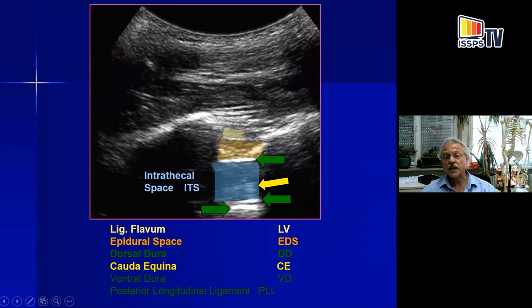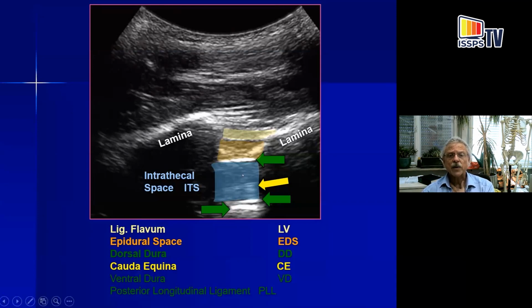And last but not least, our key landmark ligament, which is the ligamentum flavum, as mentioned. And we started osseous. Of course, you see the acoustic shadowing created by two laminae, one above the other. And by doing this approach, you have beautiful access to all of these parts, epidural or intrathecal, etc.